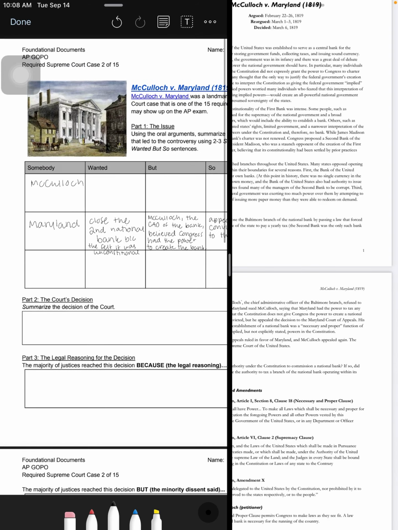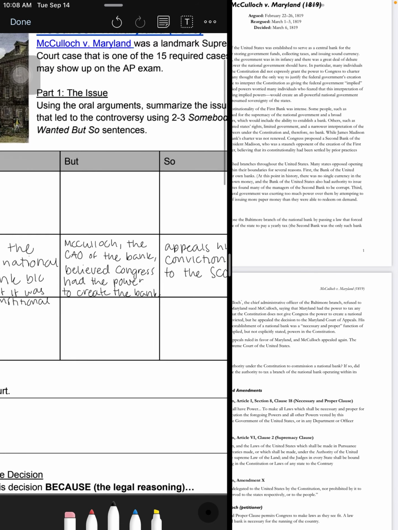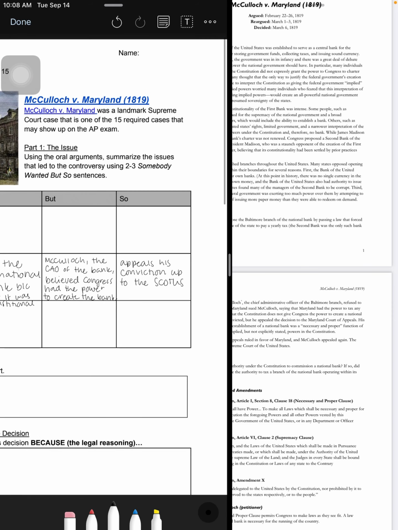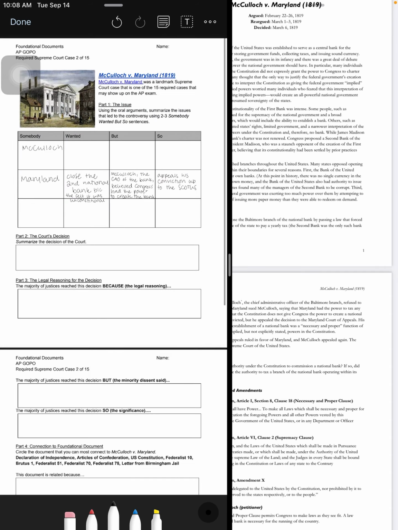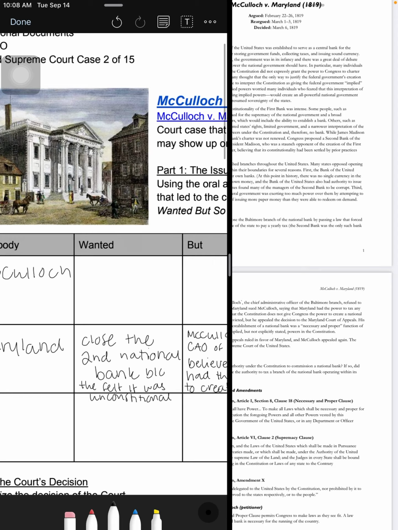So Maryland wanted to close the Second National Bank because they felt it was unconstitutional, but McCulloch, the CAO of the bank, believed that Congress had the power to create the bank, so he appealed his conviction up to the Supreme Court. That works, right?